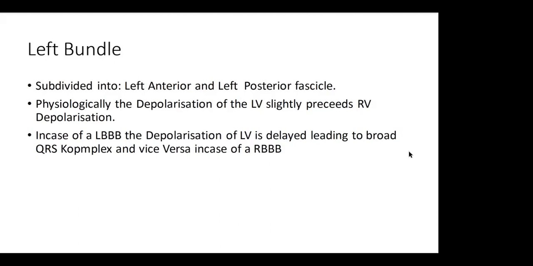Physiologically, it takes less than 120 milliseconds for a complete depolarization of a ventricle, be it the left ventricle or the right ventricle. So if we have a block at the left branch, the depolarization is delayed on the left ventricle, and vice versa. If we have a block at the right branch, the depolarization of the right ventricle is delayed.